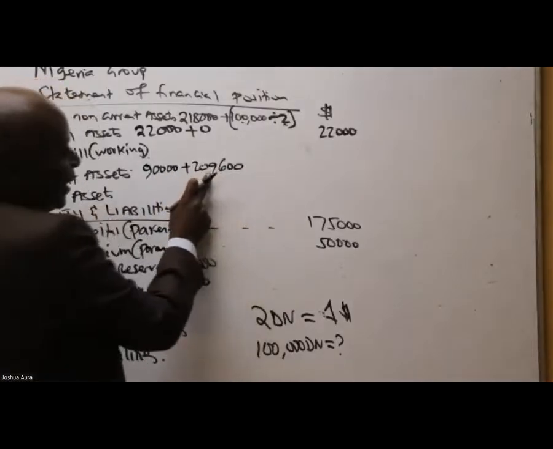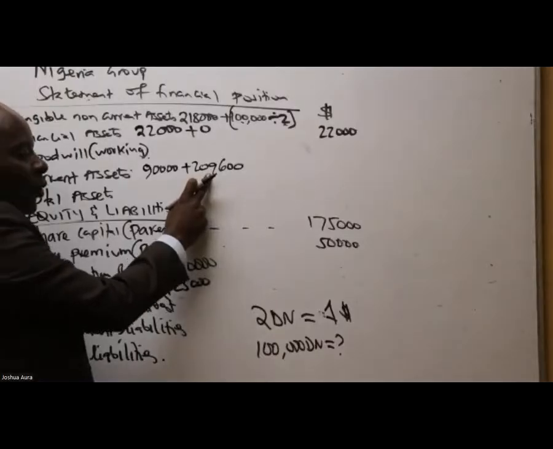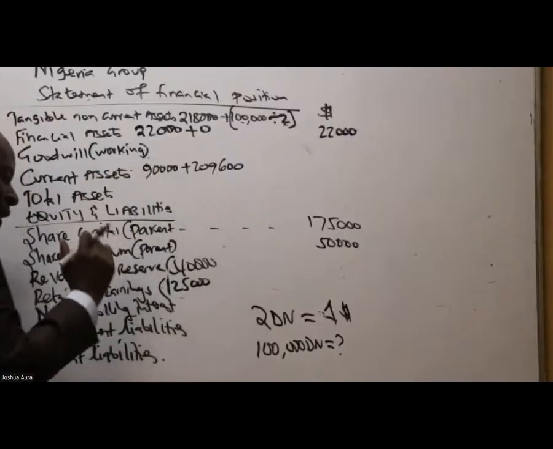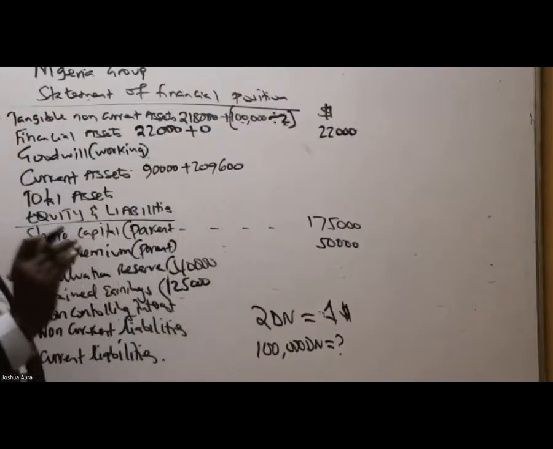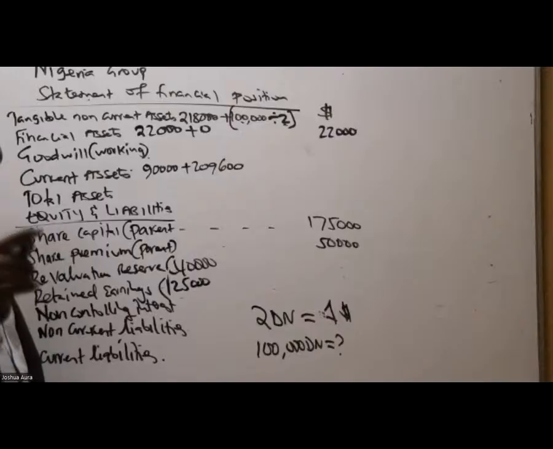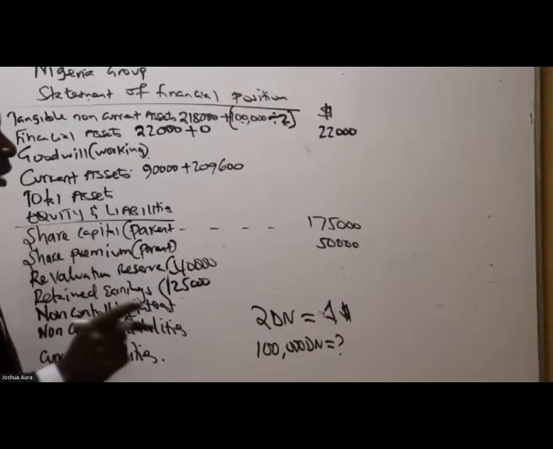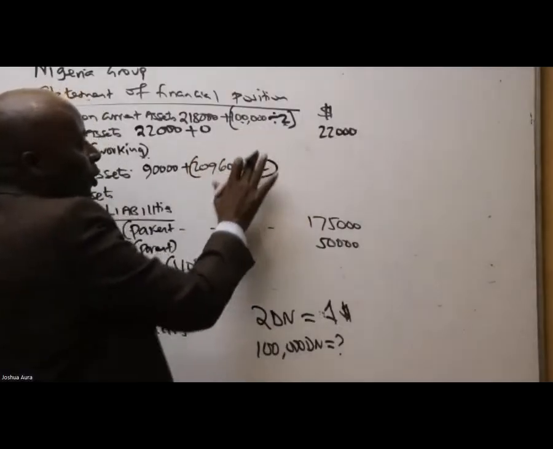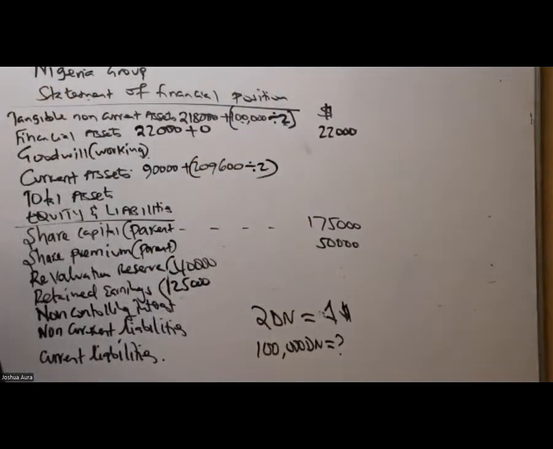But remember, these are DNs. We still need to retranslate them to the dollar. Remember, we said when we started that all assets and liabilities will be retranslated at the closing rate. So here, divide this again. Once you start to divide, divide consistently all the way down. Once you start to divide, there is nothing else.